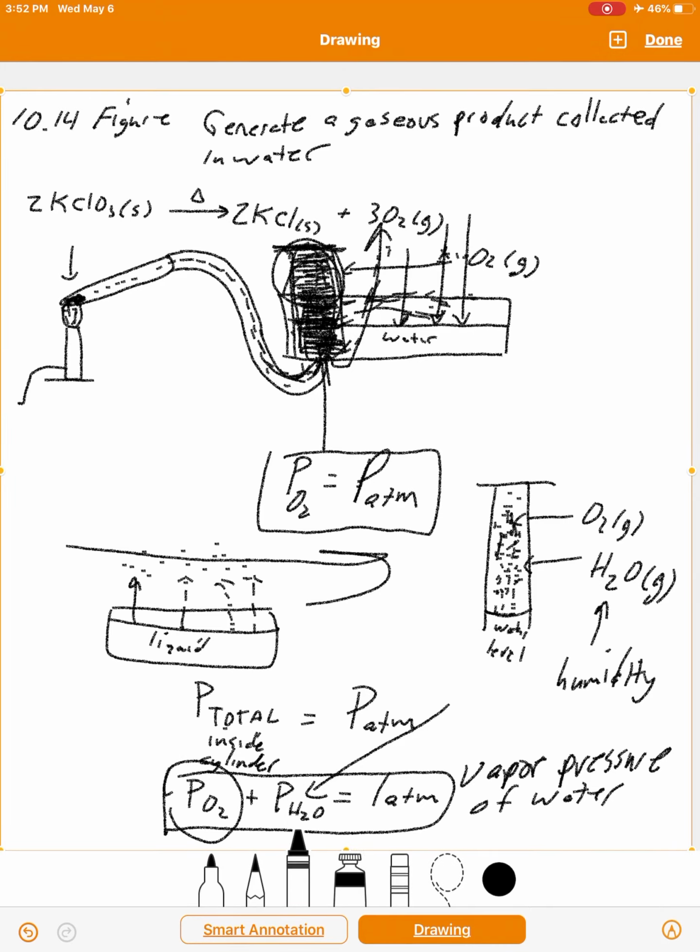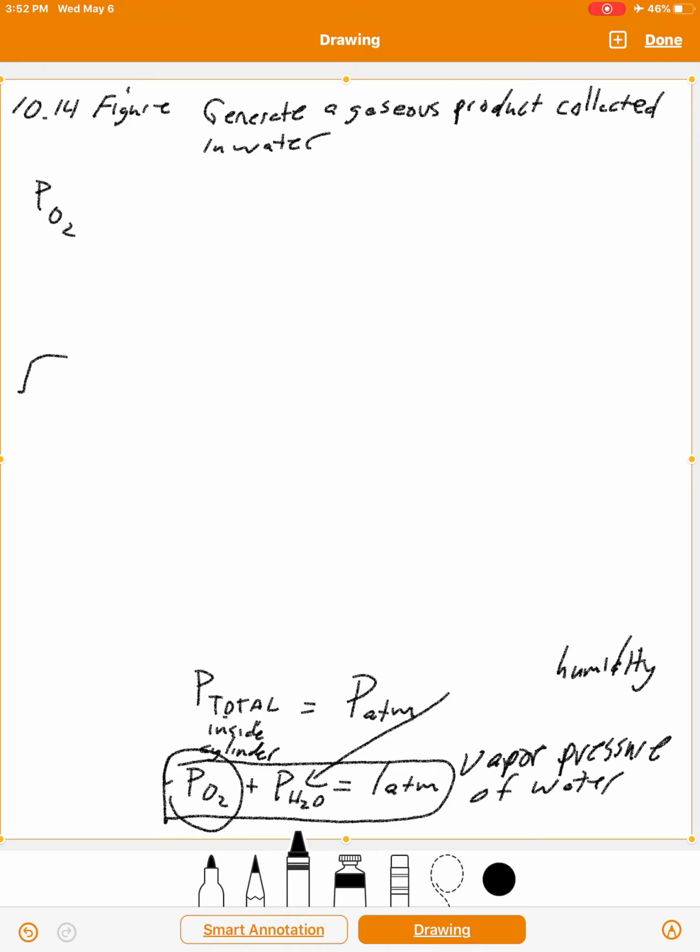So what we would do is take that equation and say that the pressure of the oxygen that we're collecting is equal to the atmospheric pressure, 1 atm, minus the vapor pressure of the water.